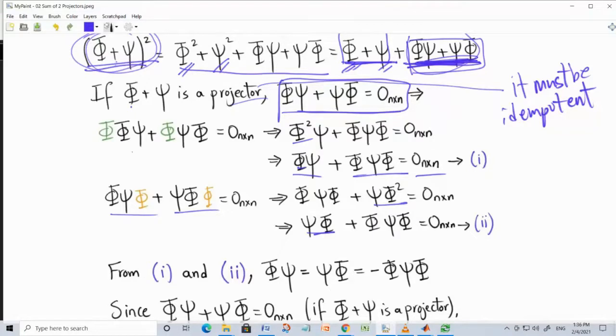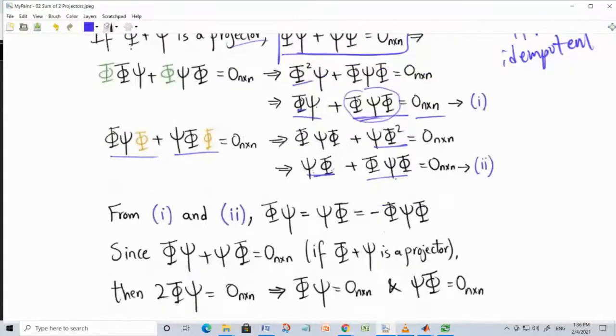Take this equation and one time you multiply by phi from the left, another from the right. Now look at these two equations here. From the first equation, phi psi is the negative of this matrix, and psi phi is the negative of this matrix, and it's the same matrix here and there. So combining these two equations, phi psi is equal to psi phi, they are both equal to minus phi psi phi.